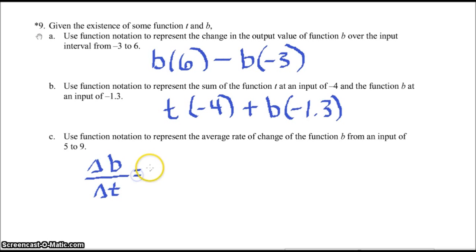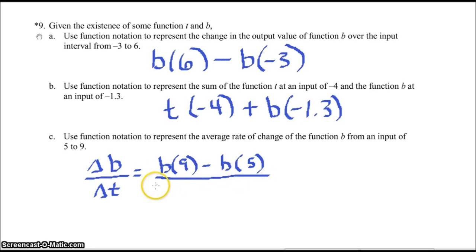So we simply need the change in b over the change in time. We need b of 9, that's our final value of the output, minus b of 5, our initial value. Now I said time, but it's just really input here. We don't know if that's time. It could be number of cupcakes or something.